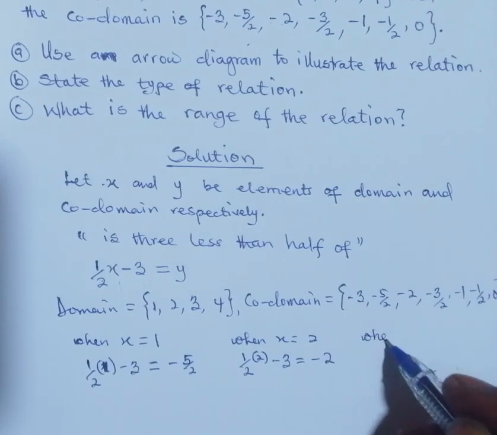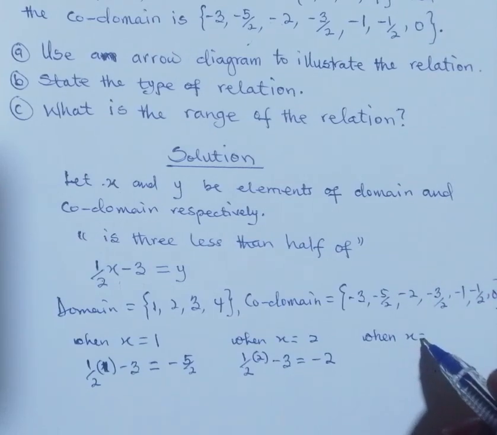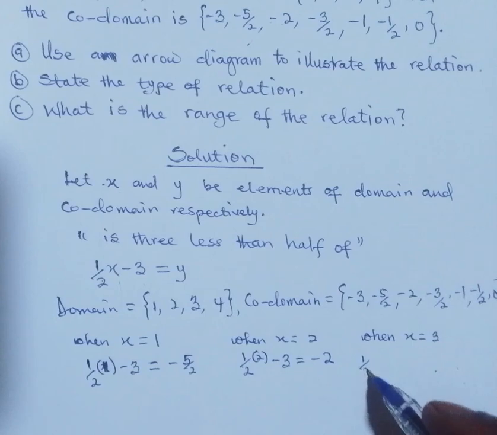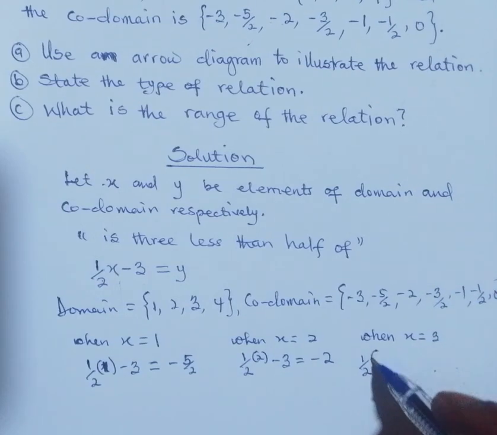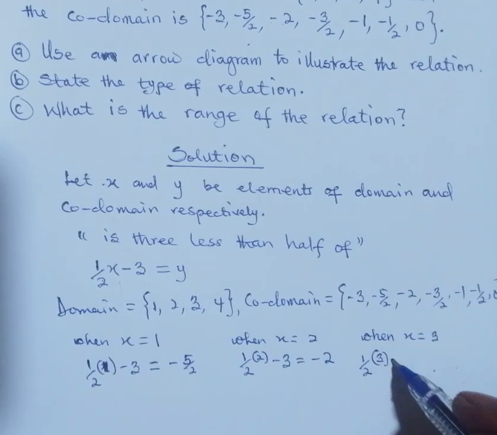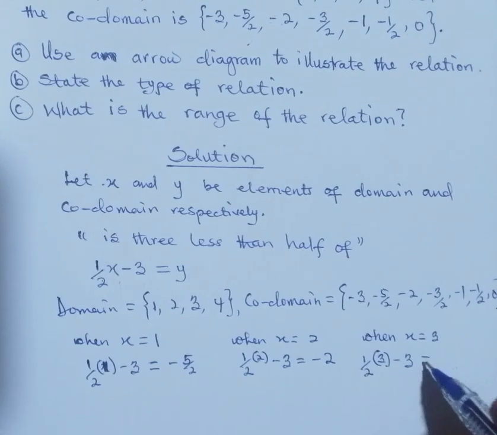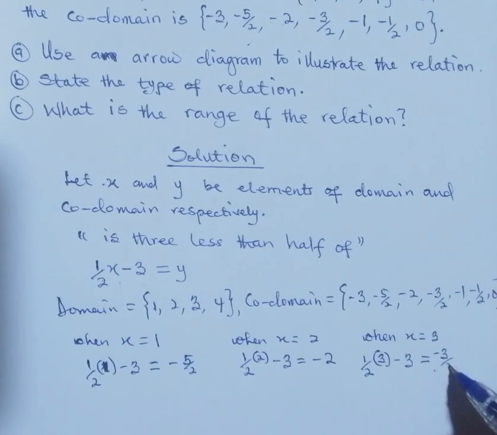When x is equal to 3, we multiply it by half and subtract 3, and this gives us what? -3/2. Good.